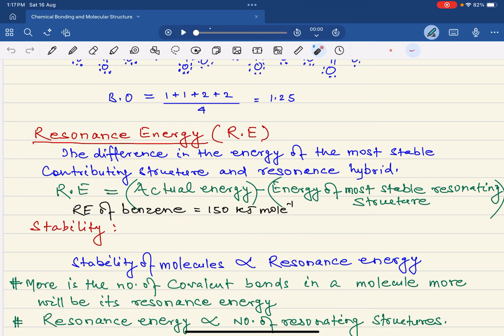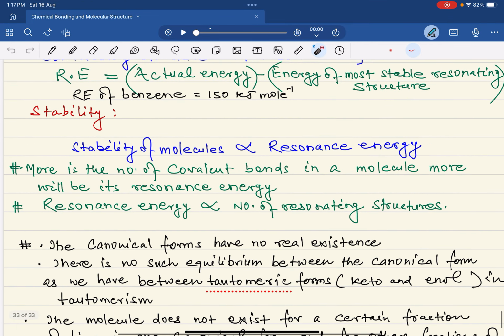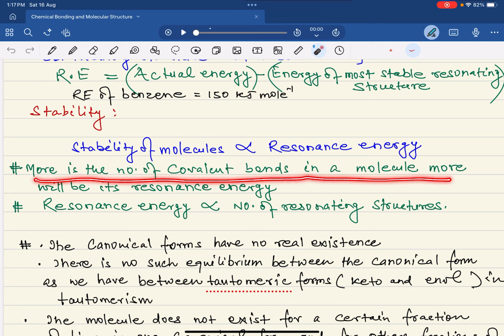Then resonating structures are able to explain the stability of the molecule also. Stability in terms of resonance means the stability of a molecule is directly proportional to resonance energy, and the more the number of covalent bonds in a molecule, the more the resonance energy.